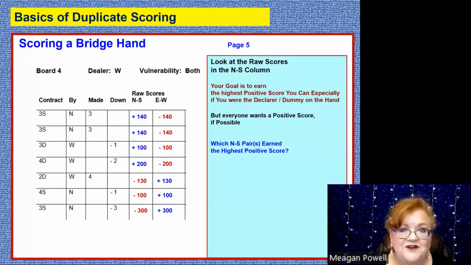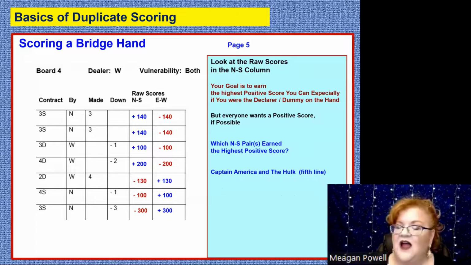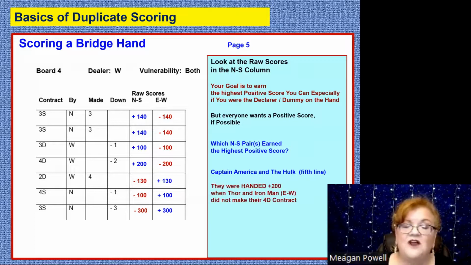You can be a defender, and either you defend extremely well and really shut down the declarer, or the declarer's having a momentary brain freeze and doesn't play the hand well and goes down. So I think Captain America and the Hulk have the highest positive score in the north-south column. They were handed 200 points by Thor and Iron Man, who didn't make their contract, right?